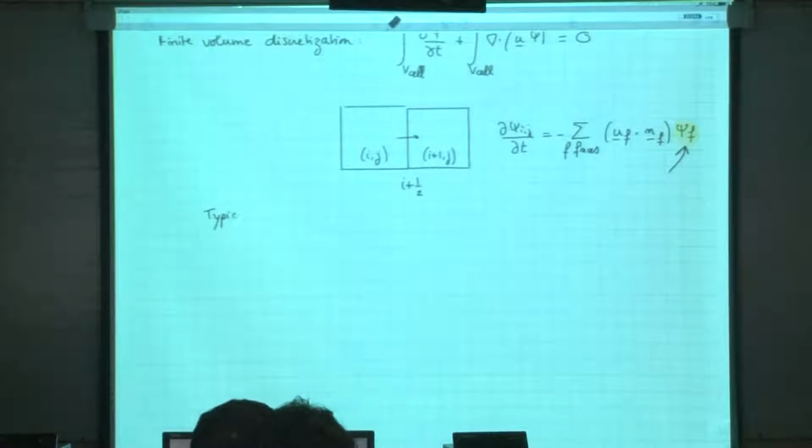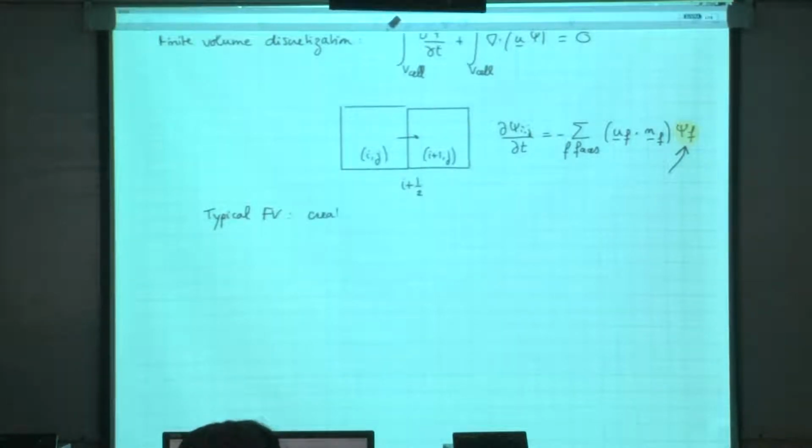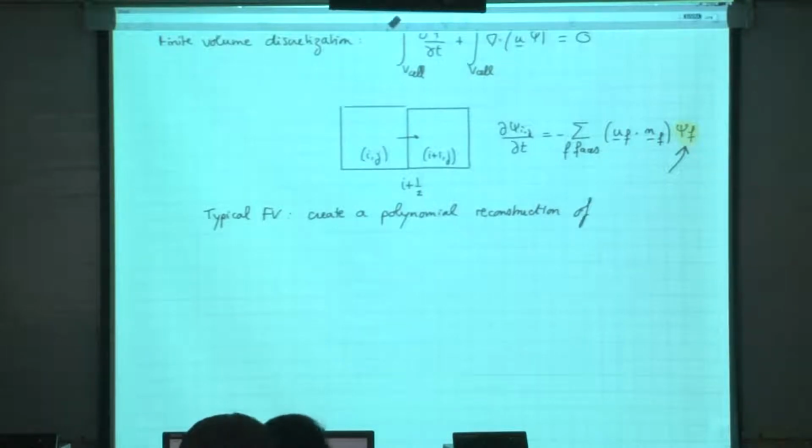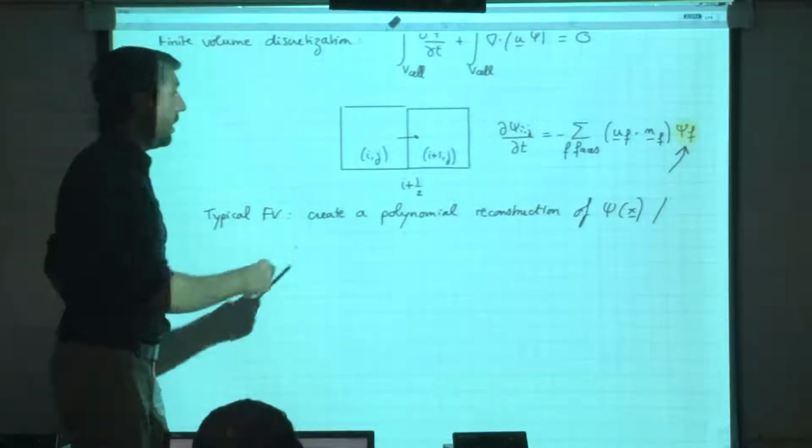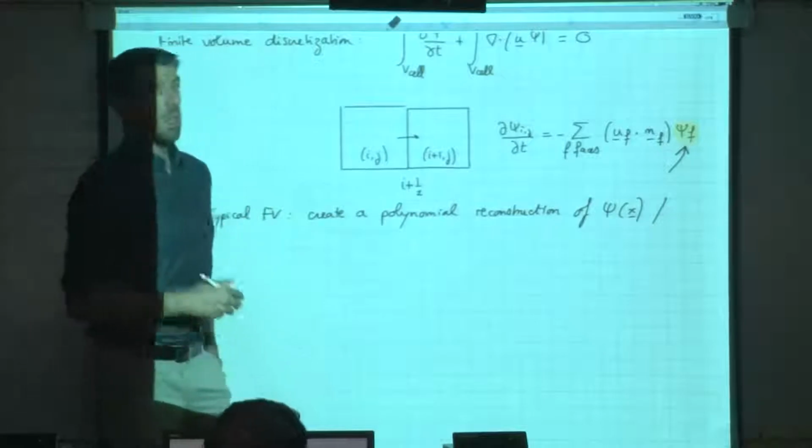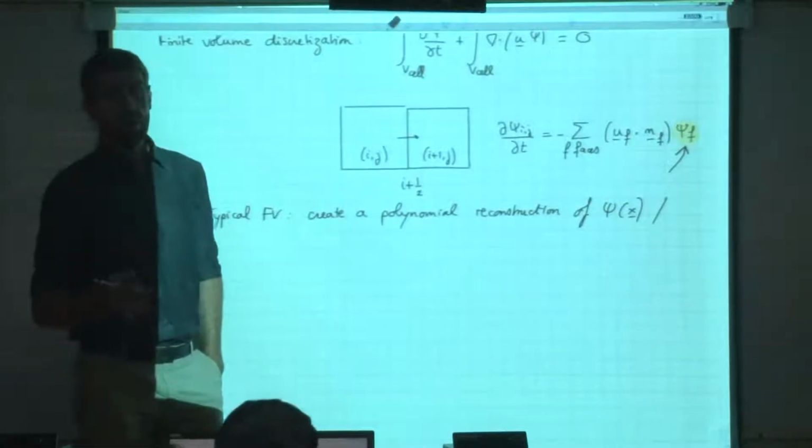Typical FV involves creating a polynomial reconstruction of psi of x such that, for second order finite volume schemes, typically what you'll do is you'll match the cell center value, because the cell center value is second order accurate in estimating the cell average value.